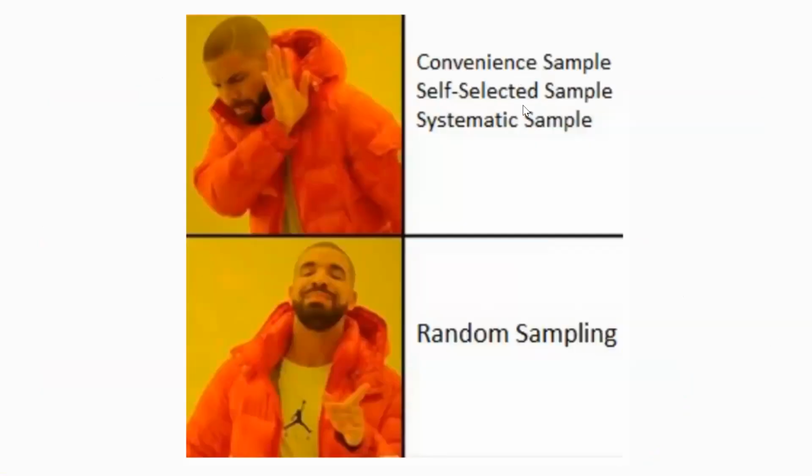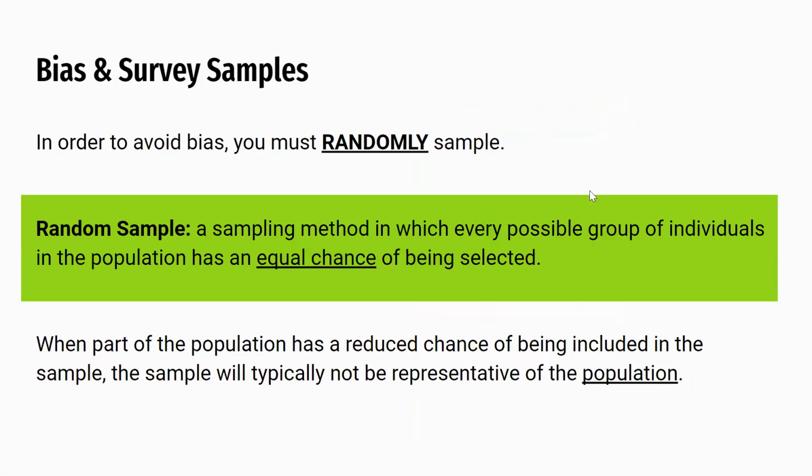So convenient sample, self-selected sample, systematic sample, no way. Drake says no, but random sampling? Absolutely. So in order to avoid bias, we gotta randomly sample. A random sampling is a sampling method in which every possible group of individuals in the population has an equal chance of being selected.